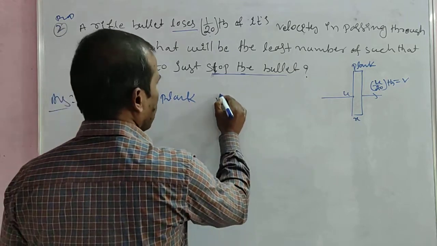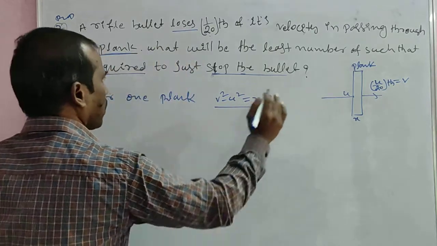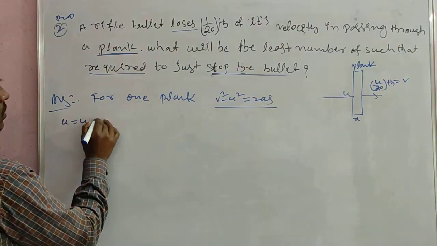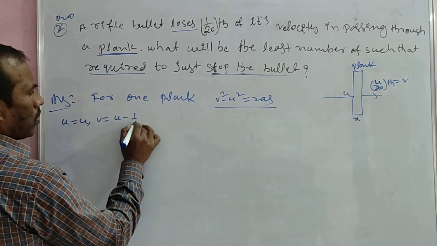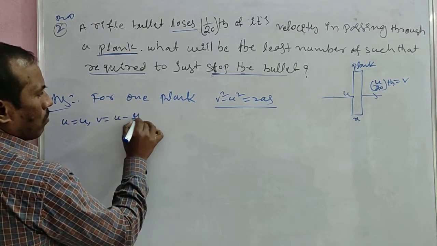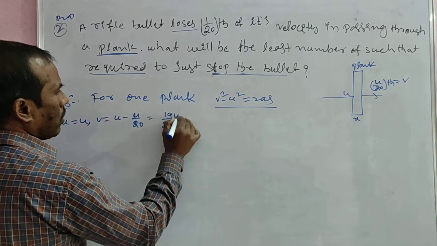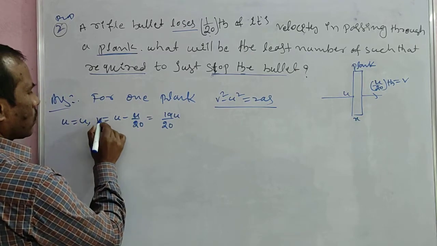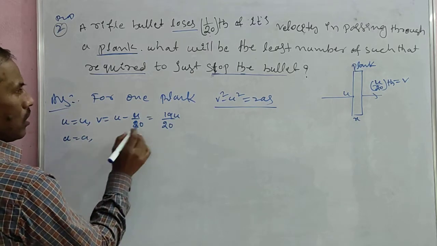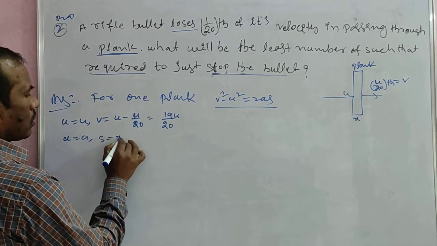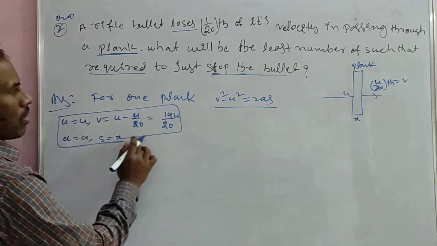Here the initial velocity is u, and v is equal to u minus 1 by 20 u, that is equal to 19 by 20 u. This is the final velocity. Next, the acceleration is a, and s is equal to x. This is the data.